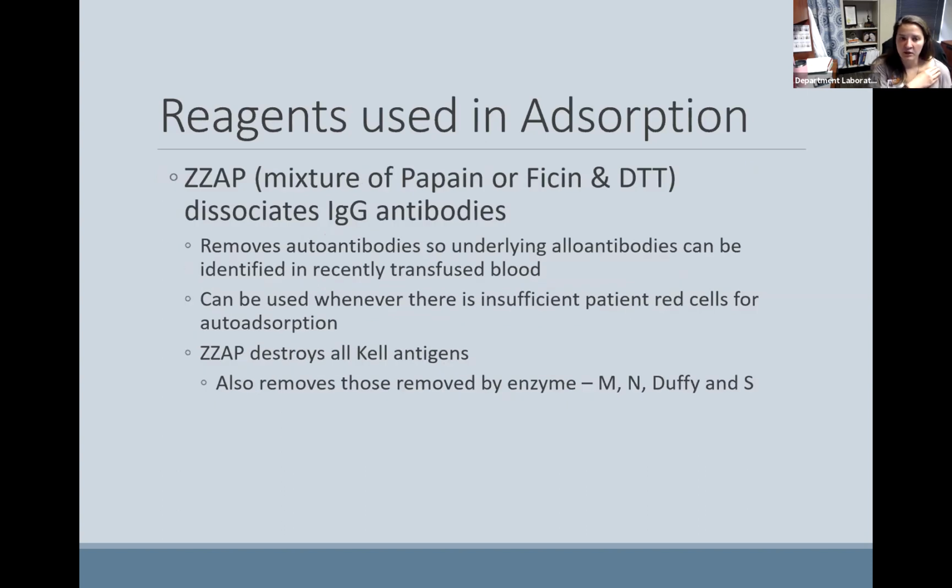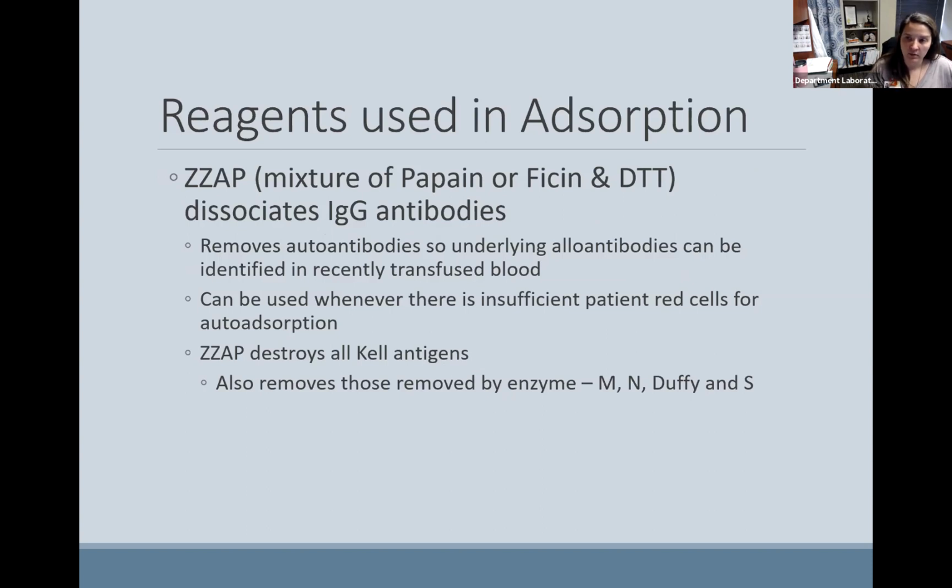ZZAP could also be used, and again, ZZAP is a mixture of papain and DTT. Again, it's just a further treating of the cells to allow for antibody uptake onto the cells. But remember, if you add in that enzyme, you're also destroying the antigen sites of your MNS and Duffy systems as well.